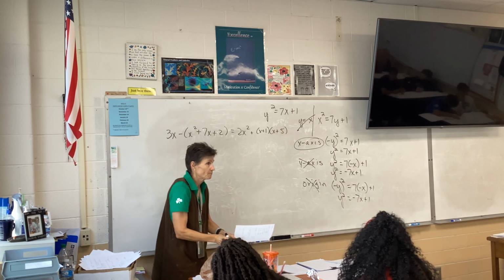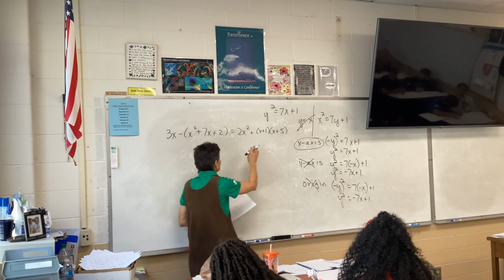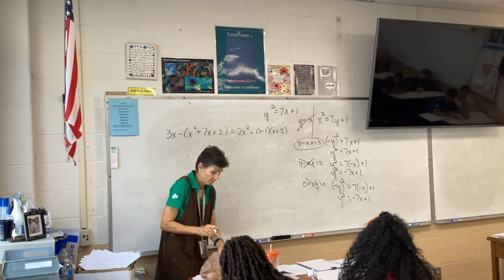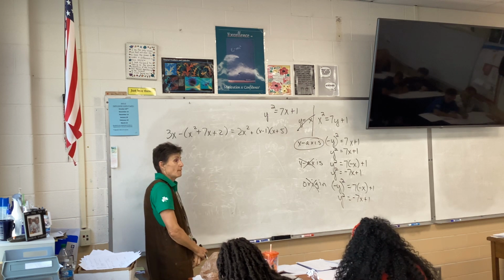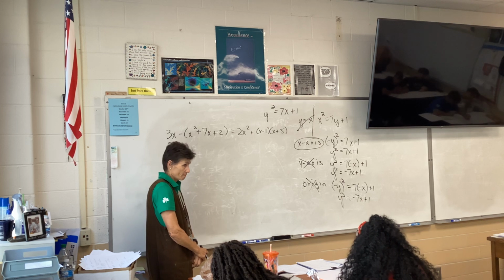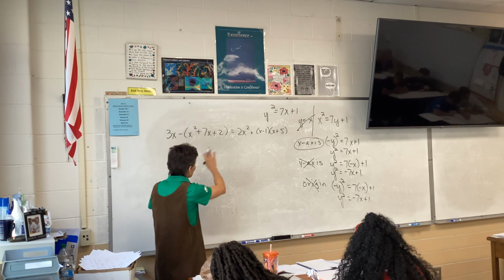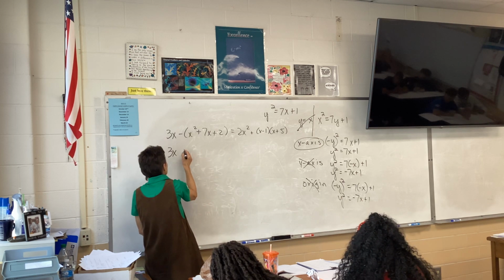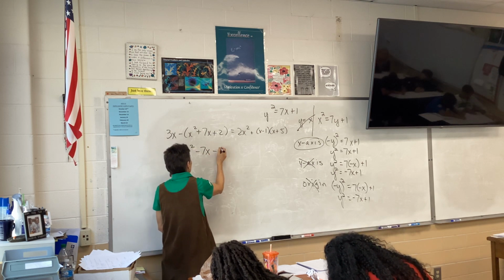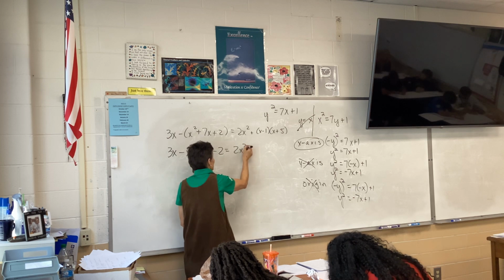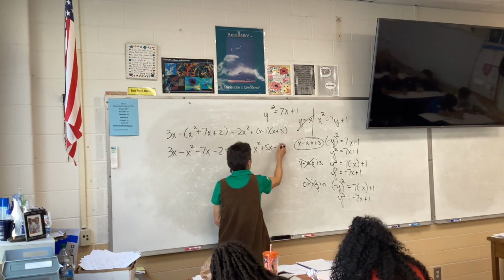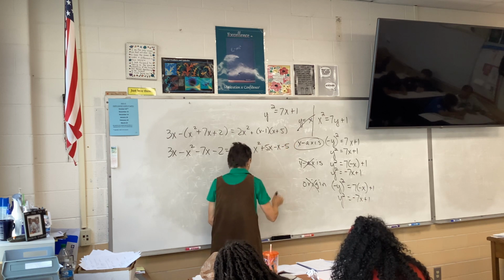That's the minus one. x minus 1. Thank you. x plus 5. What do we do? Come on. Distribute everything, everywhere, everything. So 3x minus x squared minus 7x minus 2. First, outside, inside, last.